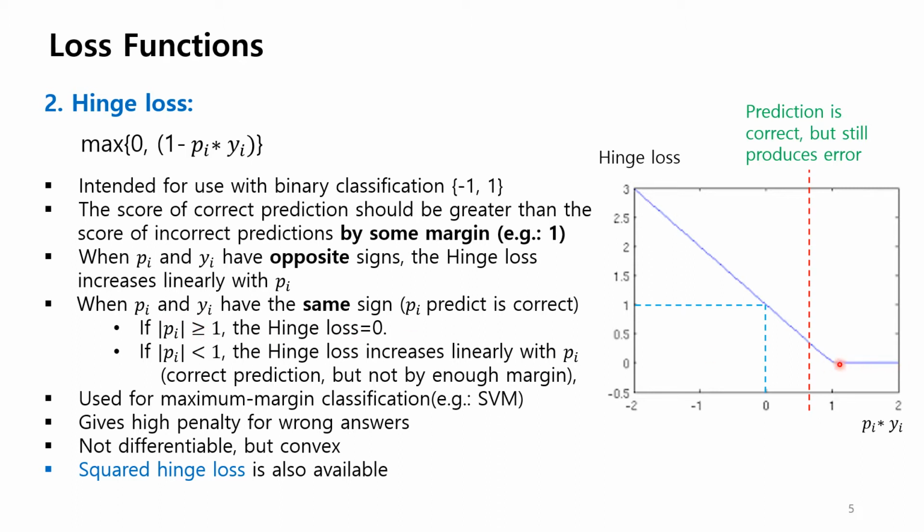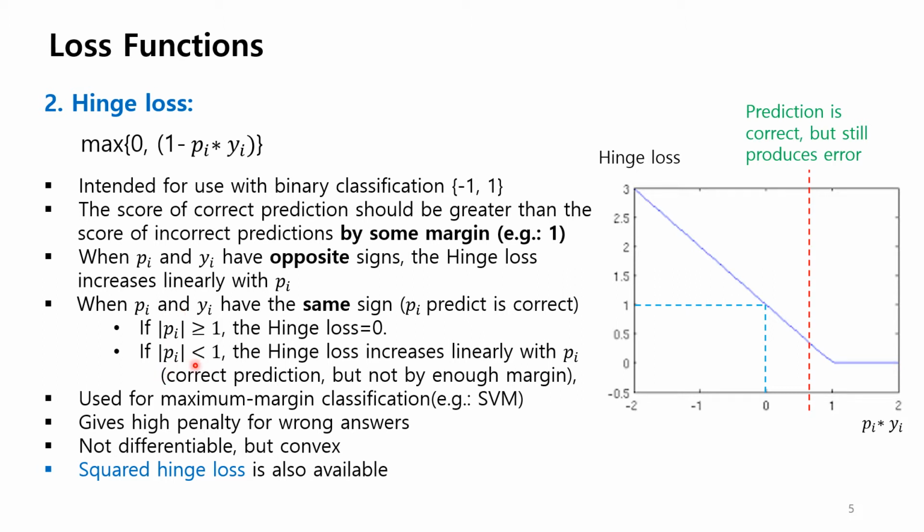This is the case here. So pi yi has the same sign, meaning our prediction is correct, and also the absolute value of pi is greater than 1. In that case, our loss is 0. You can see here.